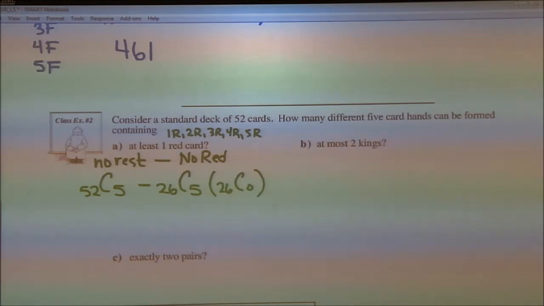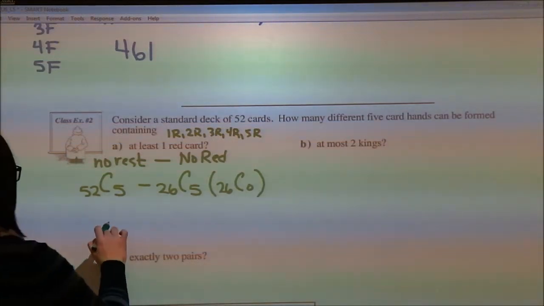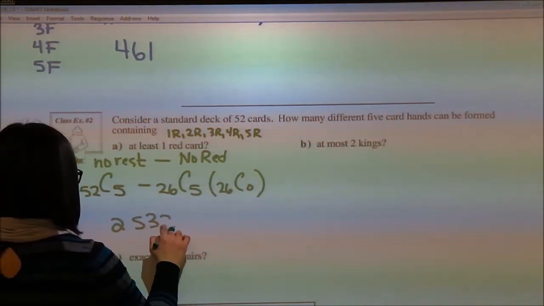Okay, so I'll give you a moment to figure that one out. This is a large number, so just so that when you get it, if you're wondering, it's 2,533,150.